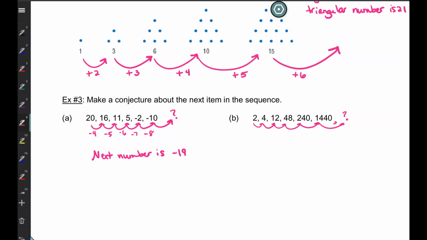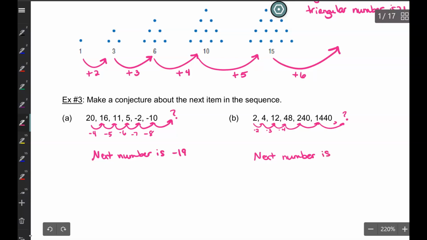And this is a multiplication, right? So we're going to multiply by 2 to get 4, multiply by 3, multiply by 4, and so on, which means our next number is going to be 10,080.